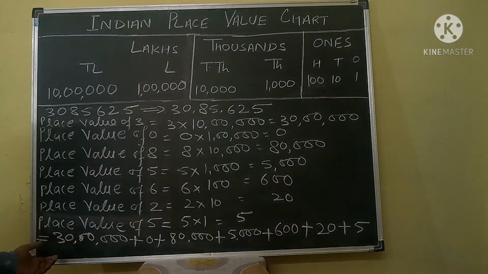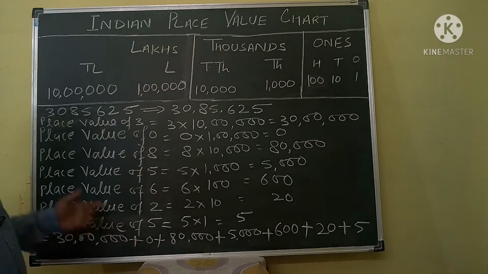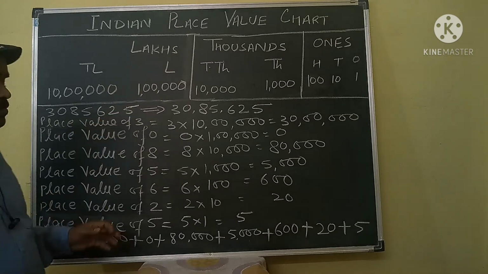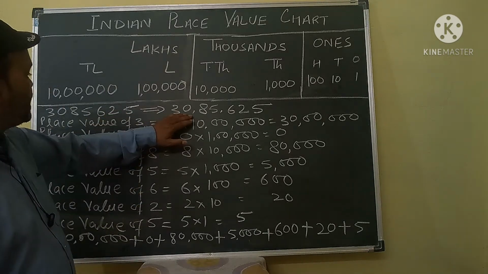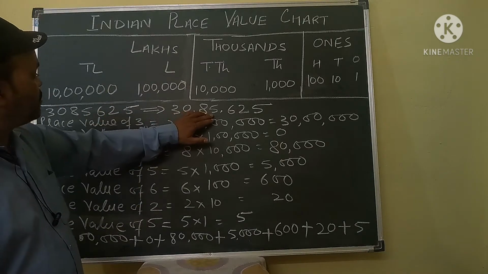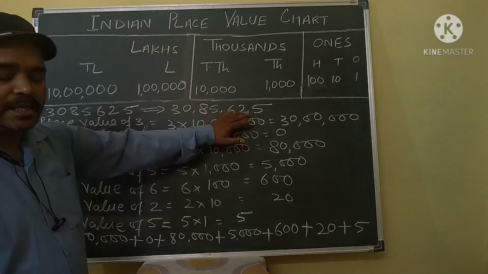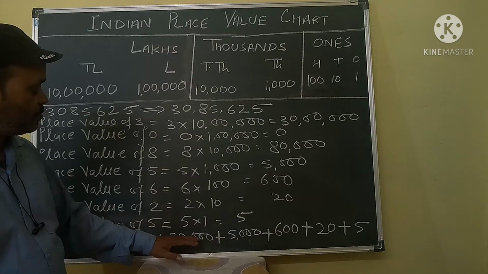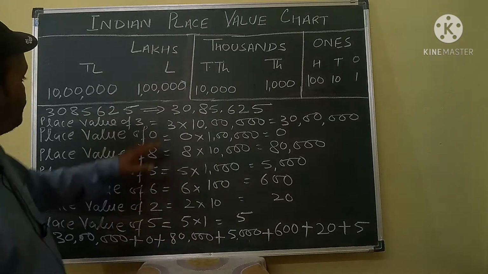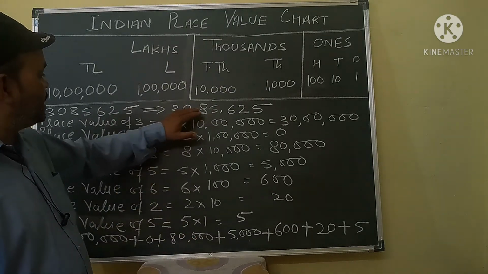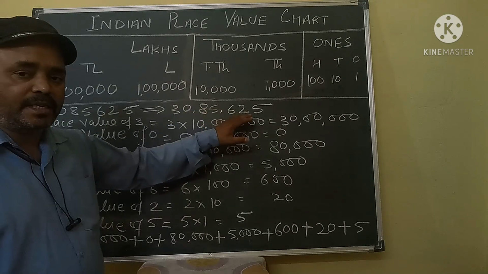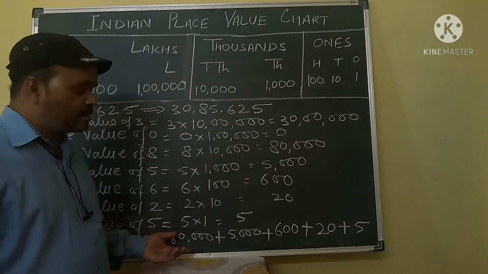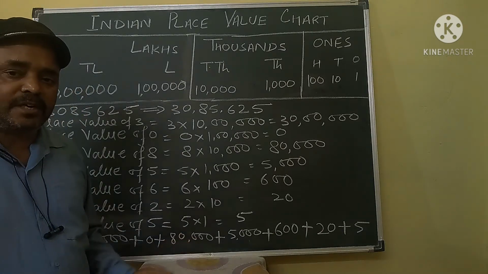This is the expanded form of 3085625, or 30 lakh 85,625. Okay. My dear students, all these questions depend on your book for explanation.